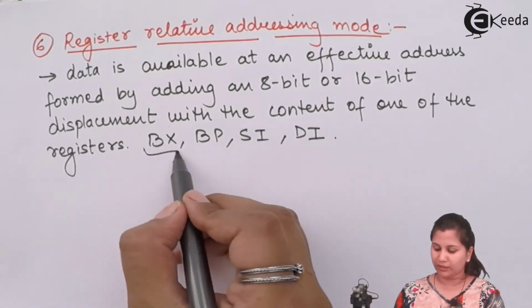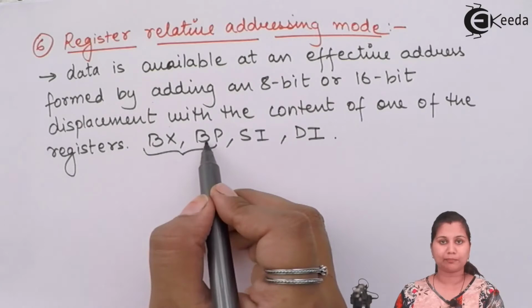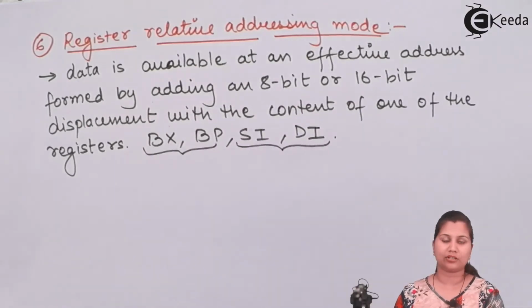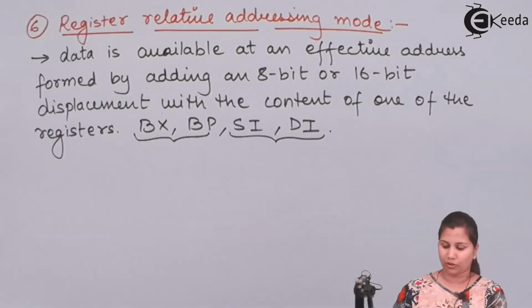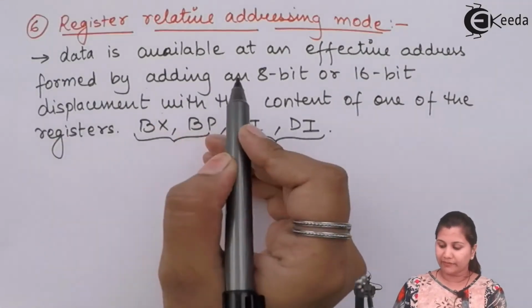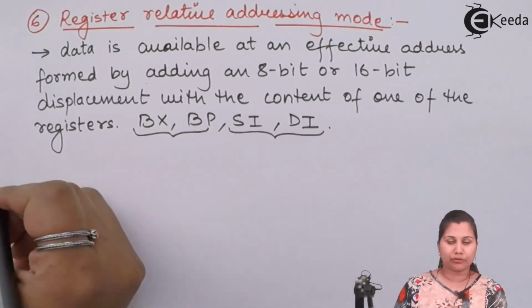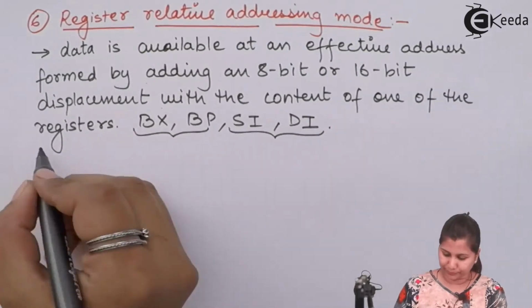So we can use any of these registers, either base pointer or base register or source index and destination index register. Let us take an example so it will be clear to you.